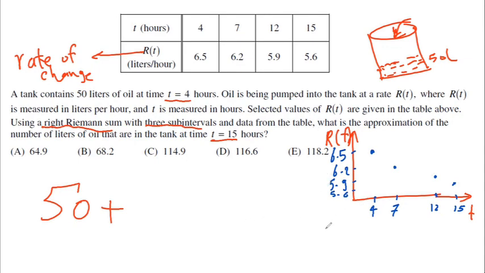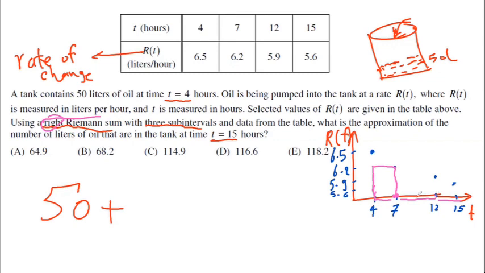So here's the point. We have 3 sub-intervals, from 4 to 7, from 7 to 12, from 12 to 15, and you want to use a right Riemann sum. That means we will use the right endpoint of each interval to get the height of the rectangle. So this is what we're going to do.